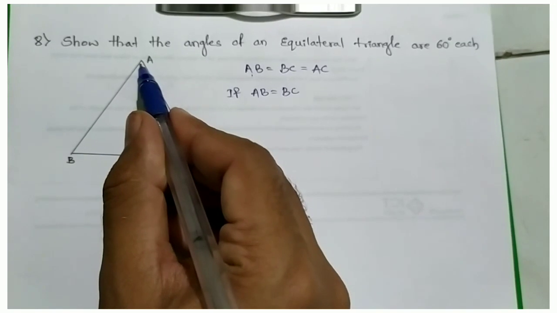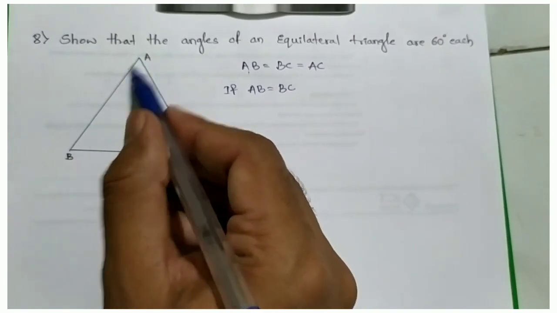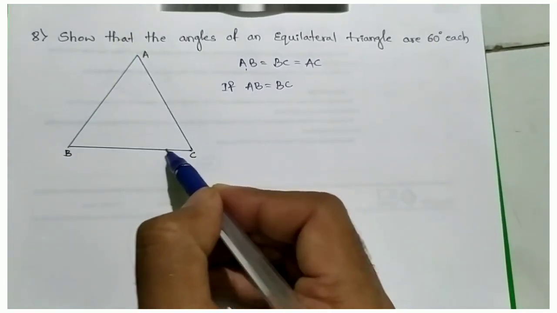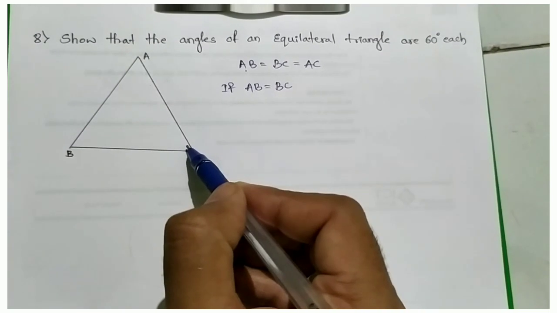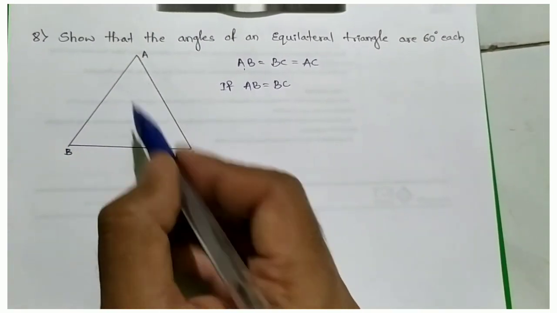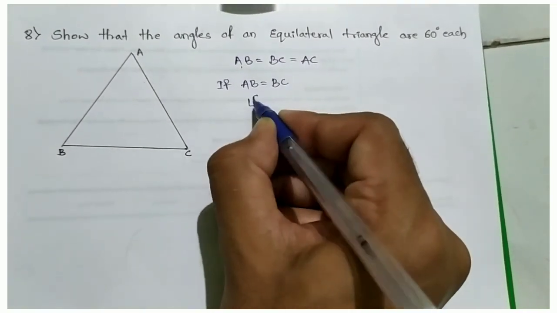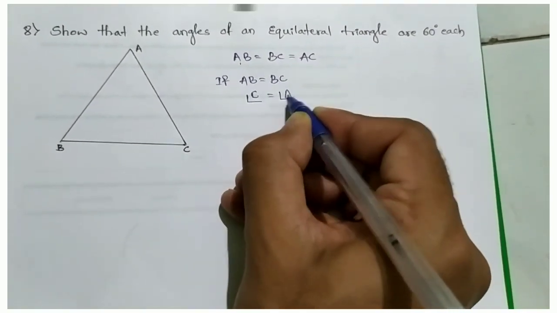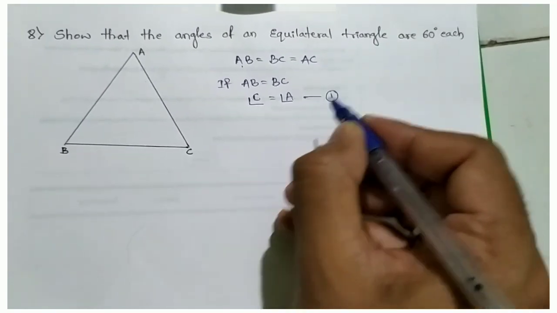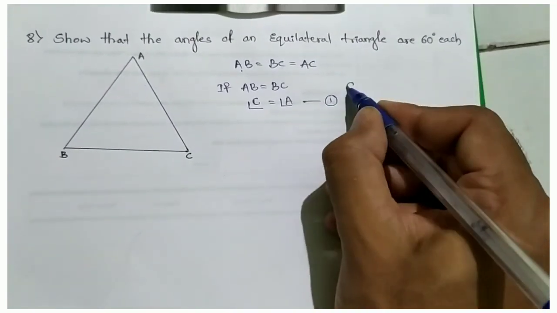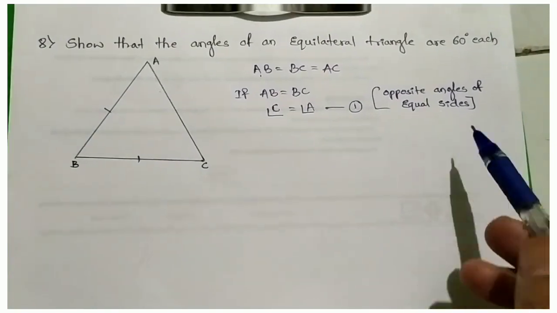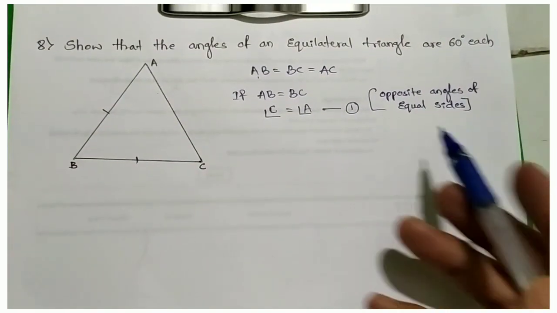Which are those? For the AB, which is opposite here, C, and for the BC, which is opposite A. So angle C equal to angle A. So let's take equation number 1. So here you can write opposite angles of equal sides.